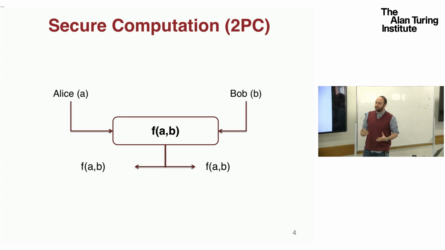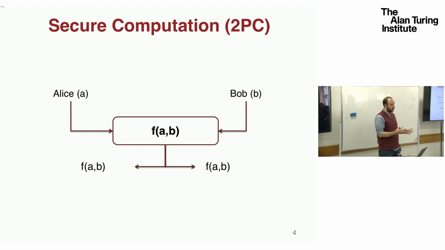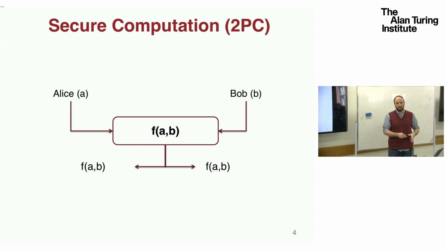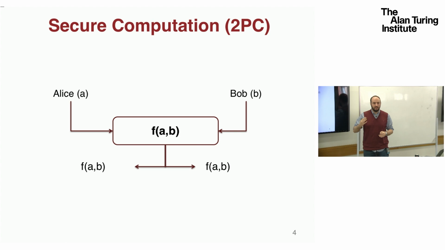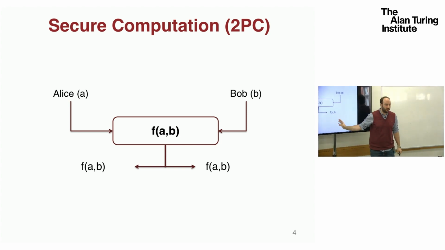So here the goal of cryptography, a whole branch of cryptography, is to replace the trusted third party with a cryptographic algorithm that implements exactly the same functionality. And you can mathematically prove that you can simulate the interaction so that nothing is disclosed to Alice and Bob except for the output of the function. Okay?